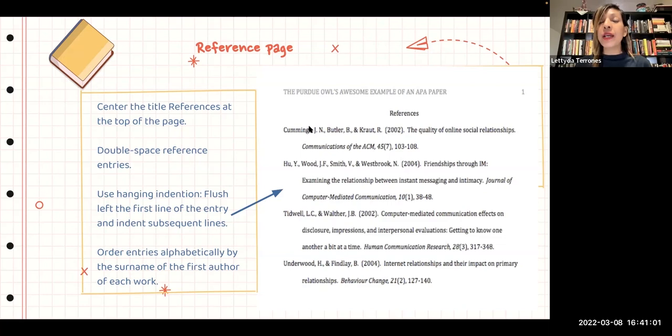If you have an article like this one that has multiple authors, you would never move the second author over here to the first part in order to make this reference citation in alphabetical order. You always want to keep the order of the authors as they are listed on the article information page. What you do alphabetize are the lead authors. You see how this is in alphabetical order?